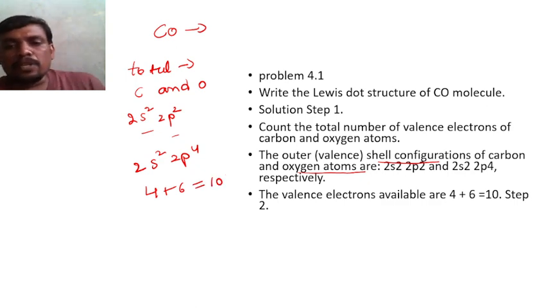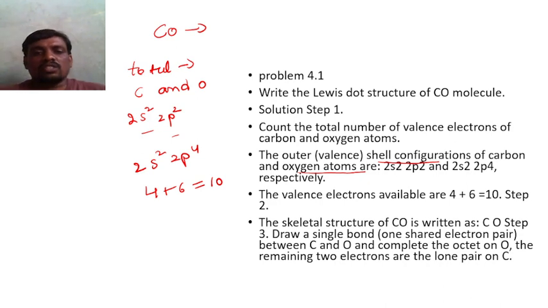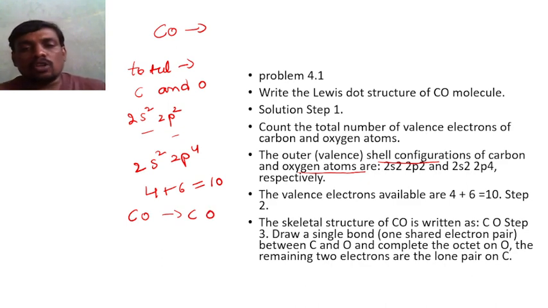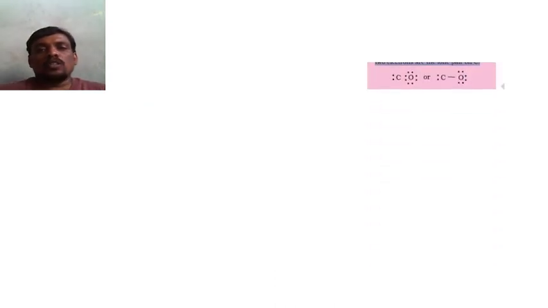Step number 2, skeletal structure of CO. Remember, carbon monoxide is written as CO. Draw a single bond, one shared pair of electrons, between carbon and oxygen. Complete the octet on the oxygen. The remaining 2 electrons are lone pairs on carbon. So draw the diagram.